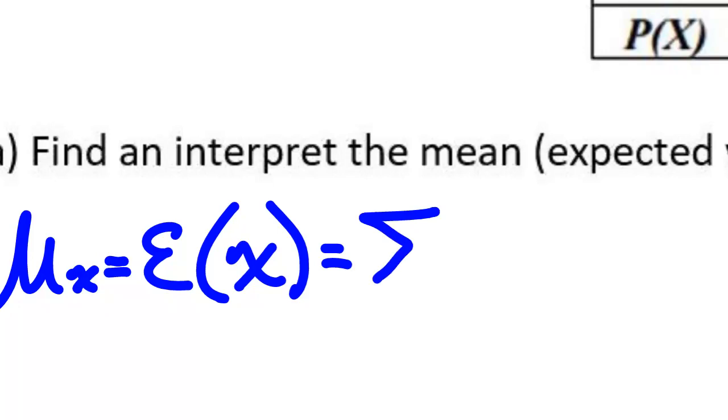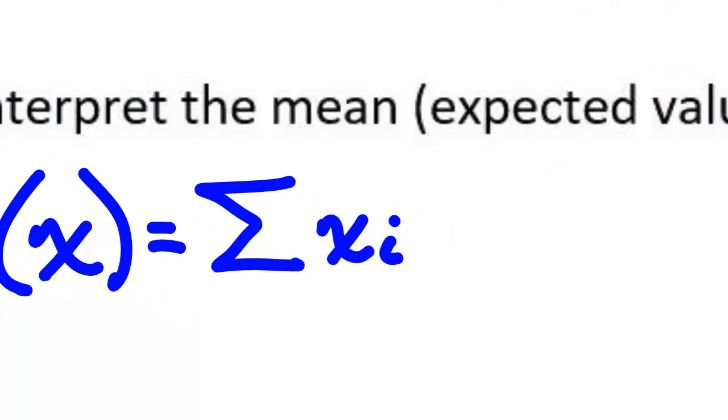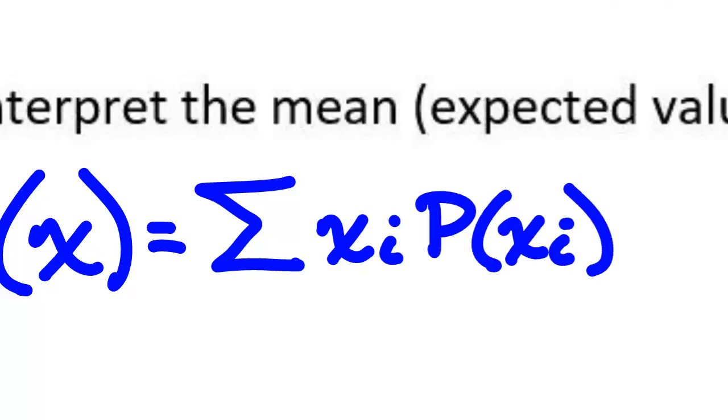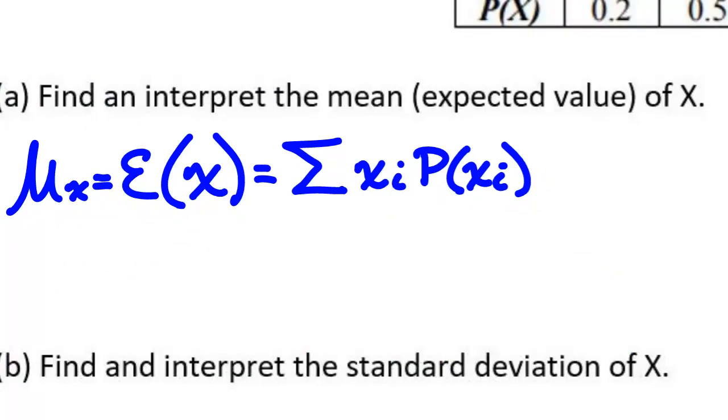And then it has this guy, that's an uppercase sigma, x_i times p_i, that's what your formula sheet says, right? Now, what does that mean practically? Does anybody remember what this symbol means? Sum. So we're going to be adding a bunch of things.